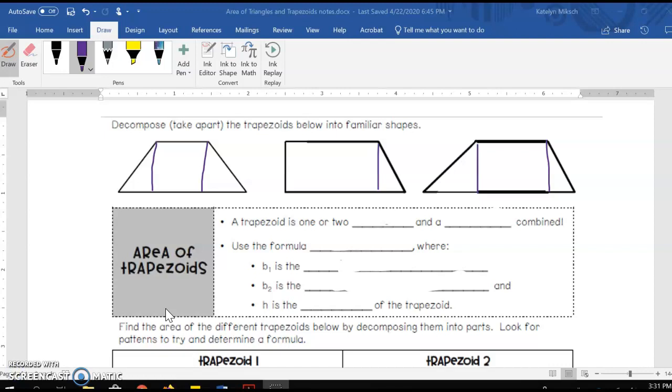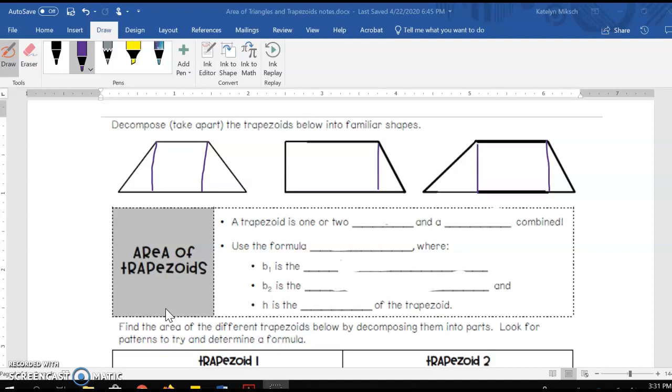Okay, this is how I drew my lines, trying to add as few lines as possible to split them into rectangles and triangles. And as you should have seen in the Anywhere Math video, they did a lot of animations and cool things to show you how the area of a trapezoid is very similar to the area of a rectangle.